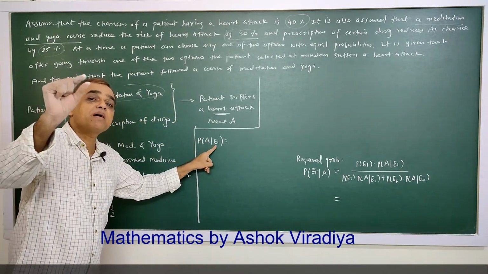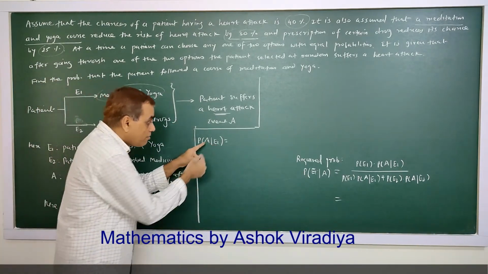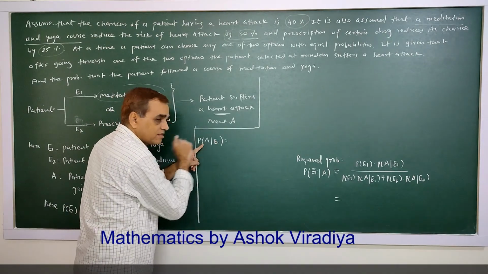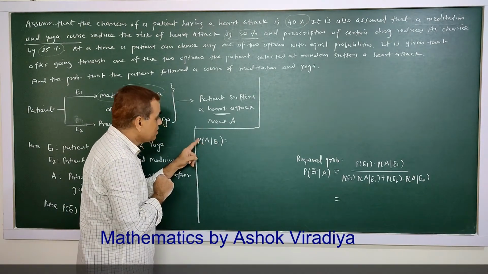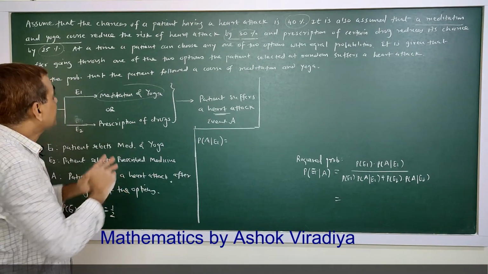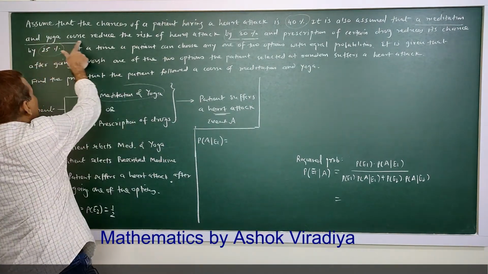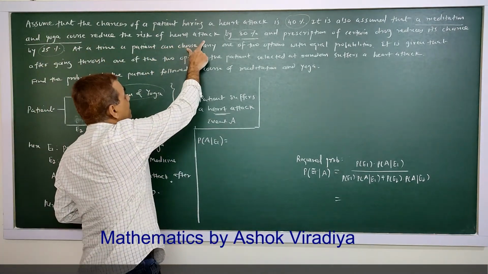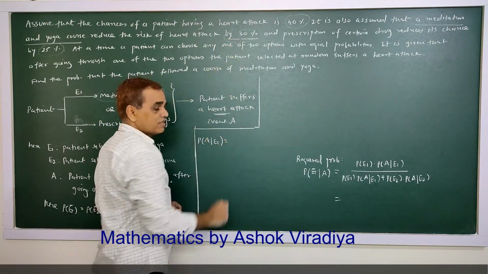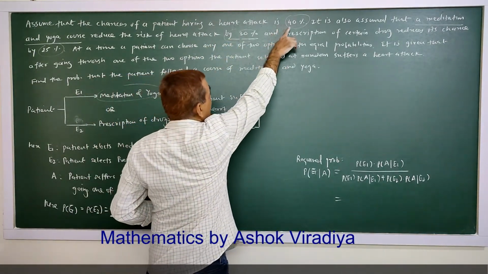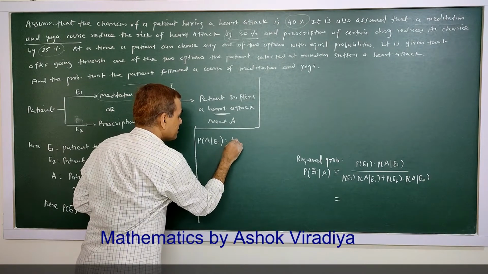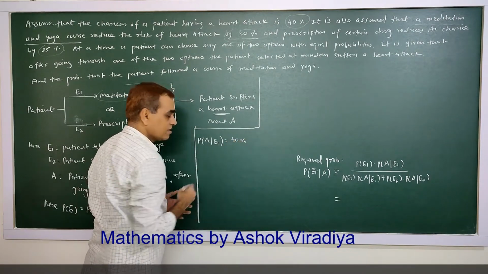If he selects meditation and yoga, then the probability of heart attack: it is given that if he chose meditation and yoga, the risk of attack is reduced by 30%. Previously it was 40%.